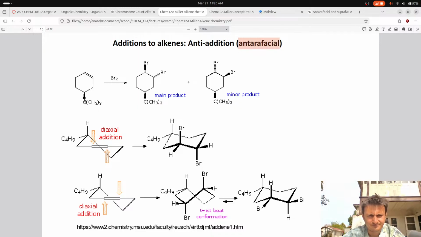So this has to be equatorial. So let's start to draw this. Antarafacial.